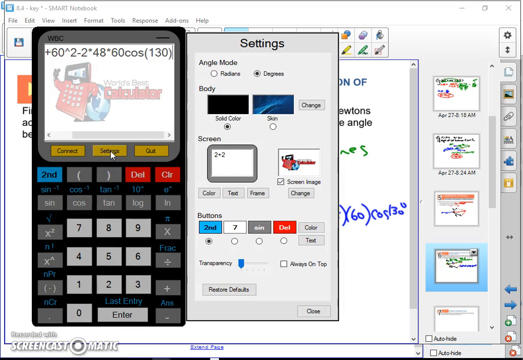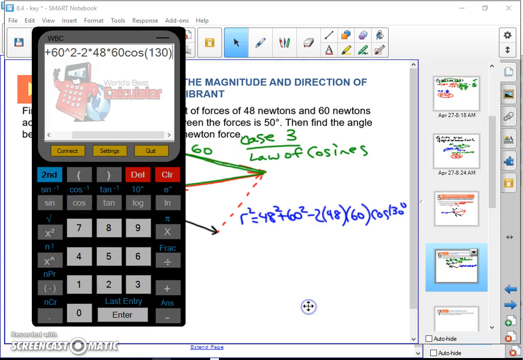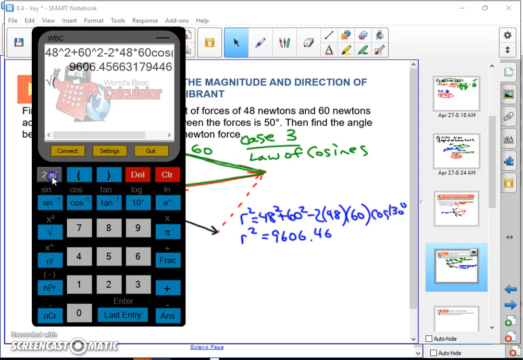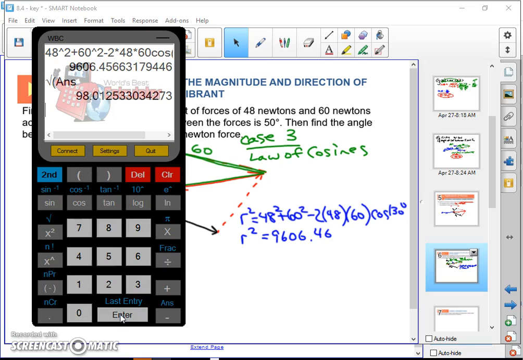Let's just make sure we're in degrees. Yes, we're in degrees. 9606. That wouldn't be your answer yet. That's still r squared, 9606.46 or so, but I'm going to square root that. With the square root of that number, 98.01. Let's call that 98 newtons.